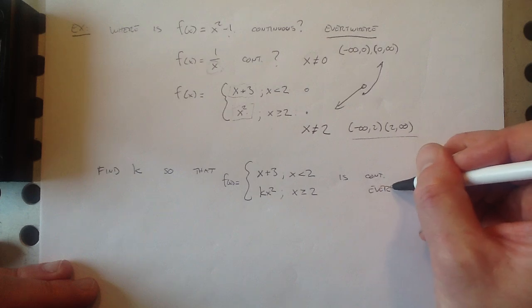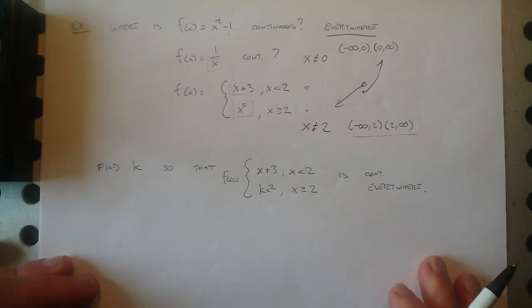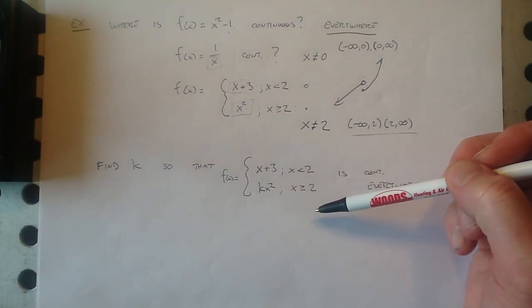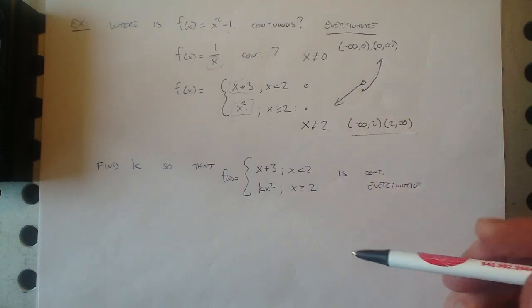So is it possible to find a value for k that would make this piecewise function continuous everywhere? In other words, can we eliminate this jump problem?